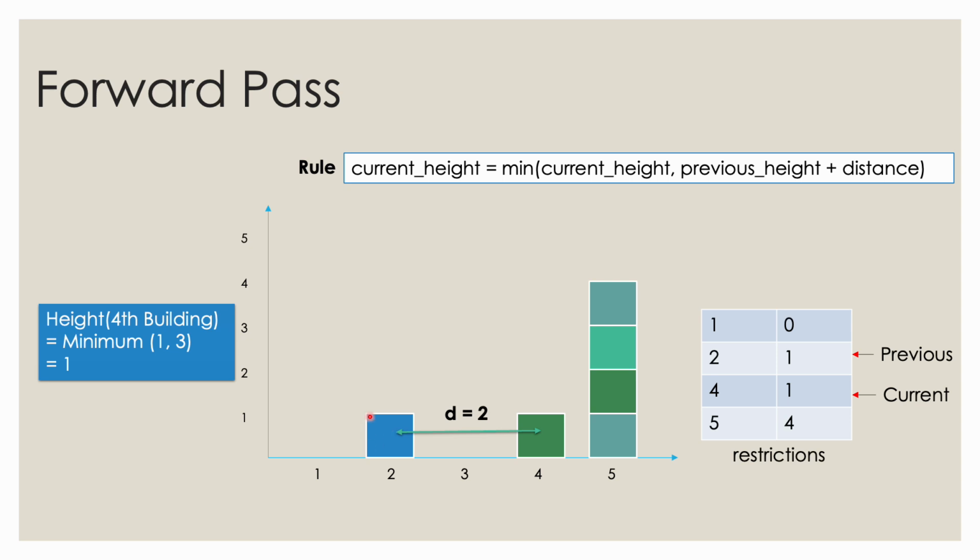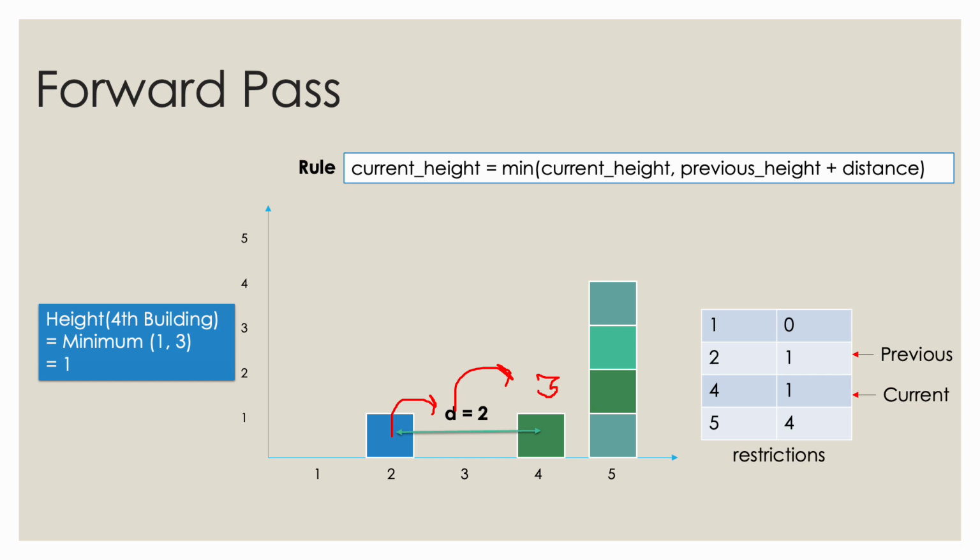Now from the left restriction, which is building 2 with a height of 1, my distance from building 2 is 2. So what's the maximum possible height if I look this way? I could have gone 1 step, incremented 1 here and incremented 1 here, so I would have got a maximum height of 3.